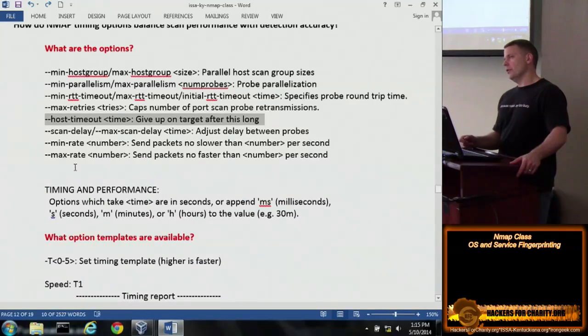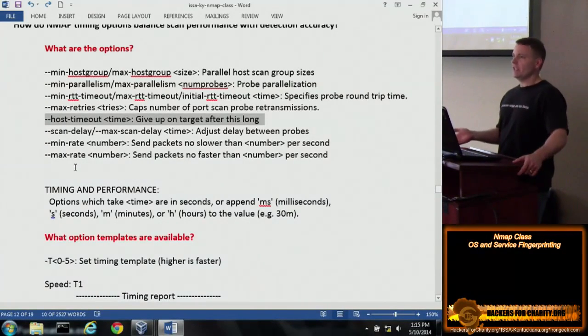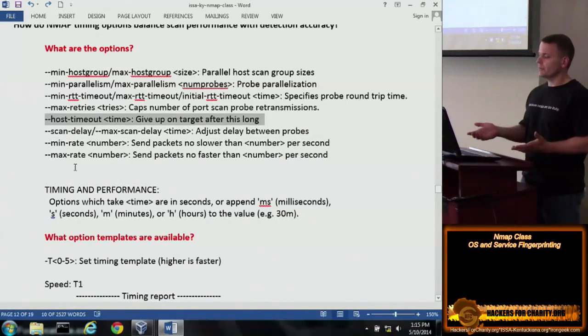The host timeout, you don't want to set it too low, because if Nmap had actually gotten, say, 75% of the way through the ports on the host and it reaches the host timeout, it doesn't tell you the 75% of the information that it worked hard to get. It just forgets the entire host, and all the results are discarded for that particular host.